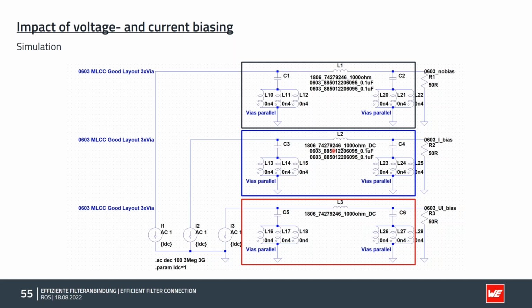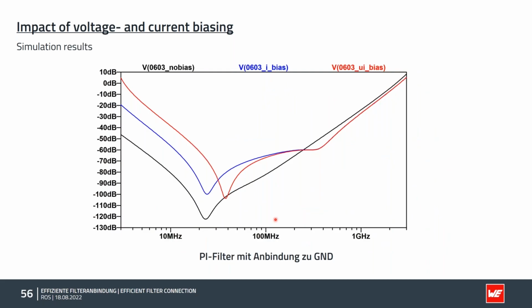And in the third, the red one, I use both voltage and current bias. I use the same model like here, and I change the capacitor to a bias model from us. And the result: the black one is the standard one with standard components, with standard parasitics.